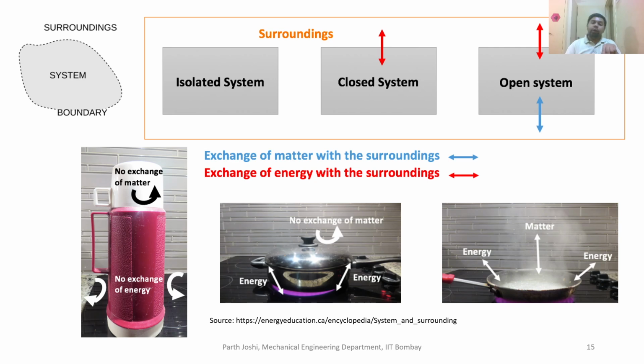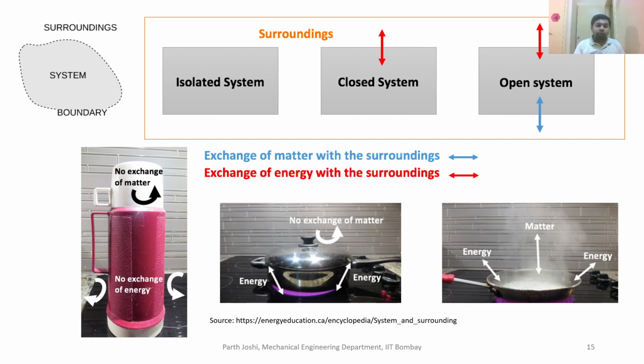Now if we close the lid of that cooking pan and do not allow any water vapor to escape, then there is no exchange of matter, or negligible exchange of matter, but energy is able to enter and exit the system through, say, conduction. The cooking stove is providing heat, so energy is able to enter, and that is an example of a closed system.